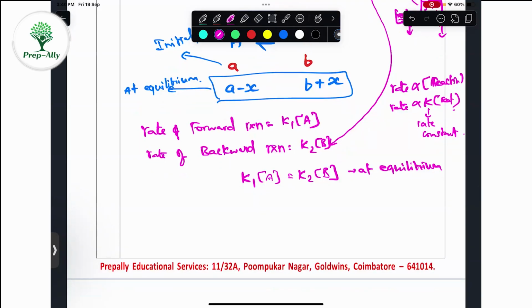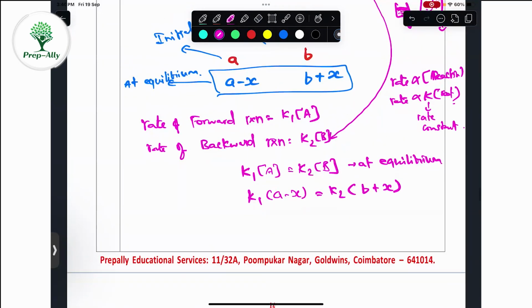Now, what is the concentration of A? A minus X. And what is the concentration of B? It is B plus X. Now you need X, so just isolate the X. I can say K1A minus K1X will be equal to K2B plus K2X.